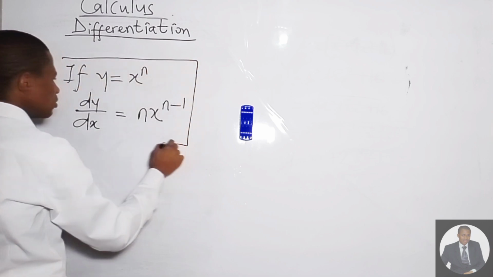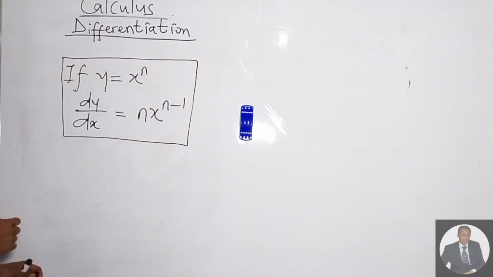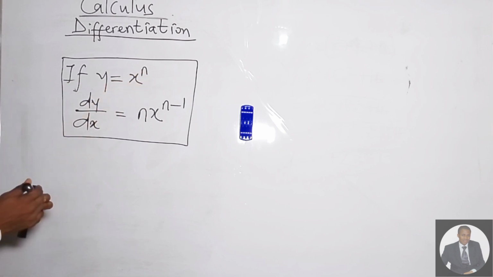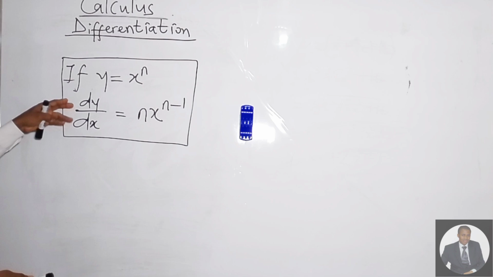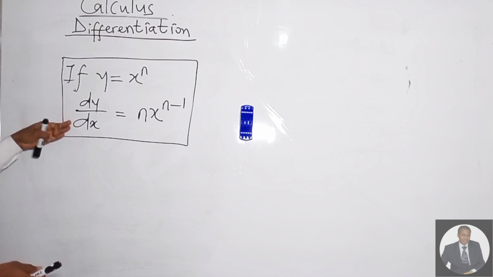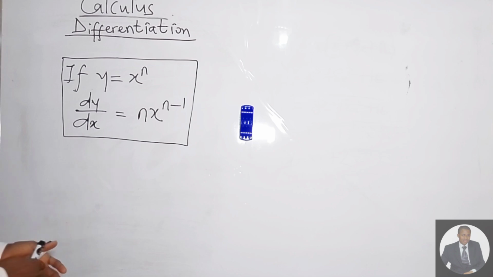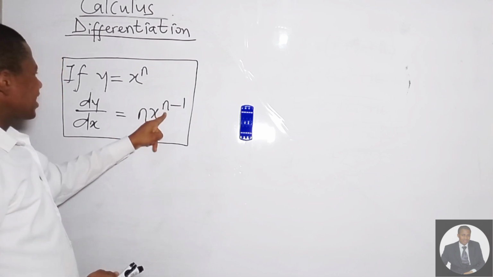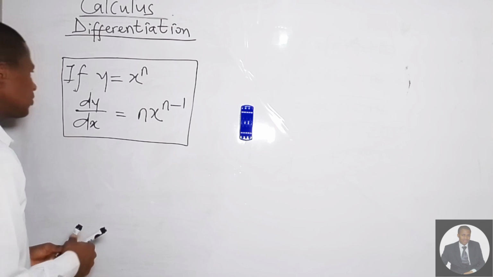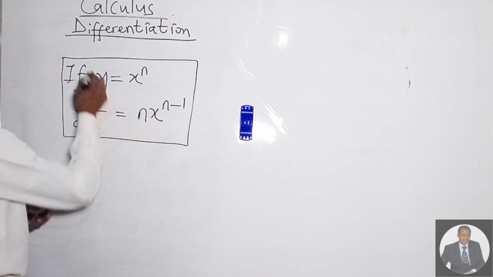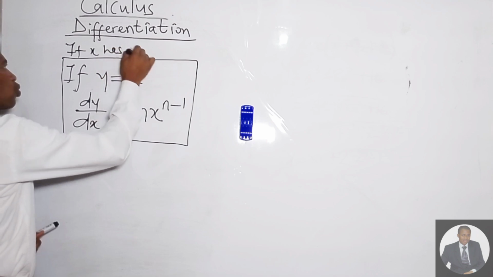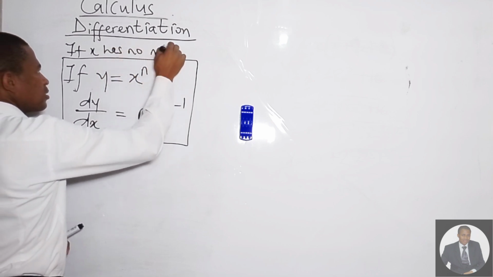This is one formula. If y is equal to x raised to the power n, the differential coefficient or the derivative of the function of x will be nx raised to the power n minus 1. That's if x has no multiplier.